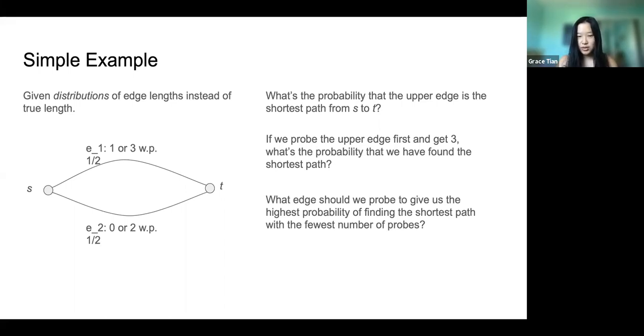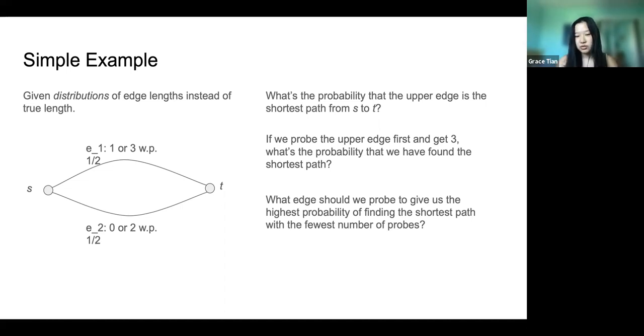So the first one is, what's the probability that the upper edge is the shortest path from S to T? Just looking at these numbers, we can tell right away that it's 1/4, when E1 is 1 and E2 is 0. The second question is, if we probe the upper edge first and get 3, what's the probability that we have found the shortest path? If we probe the upper edge and we get 3, then we know right away that E1 is the longer path, because both of the possible values for E2, 0 or 2, are smaller than 3.